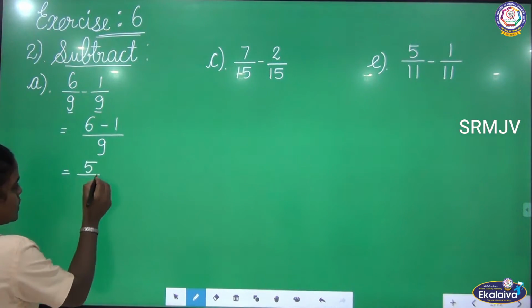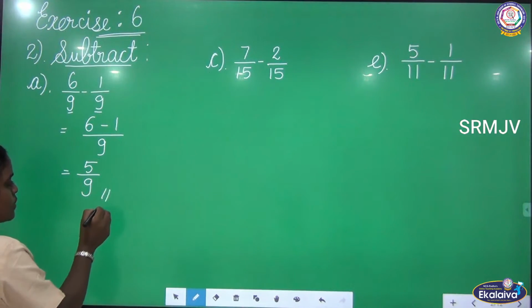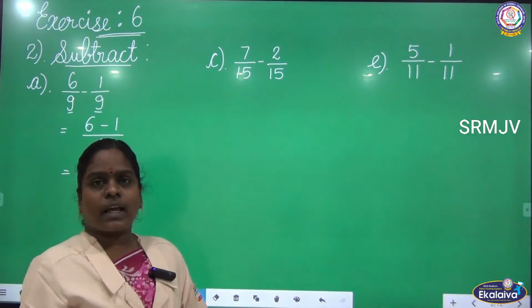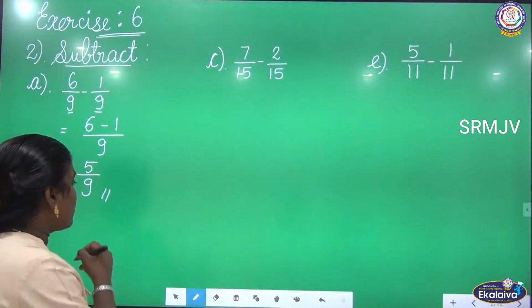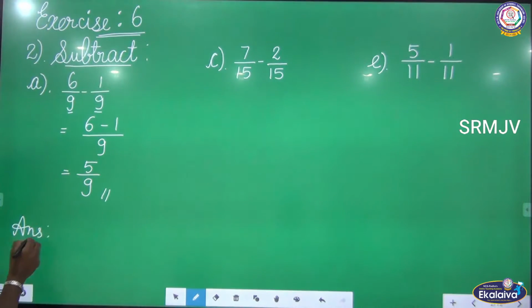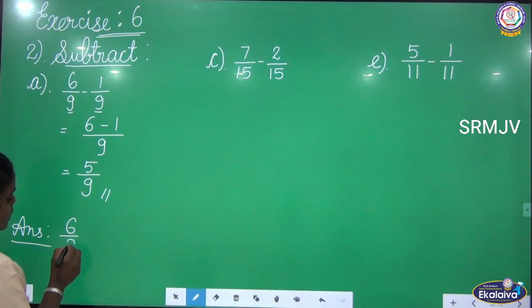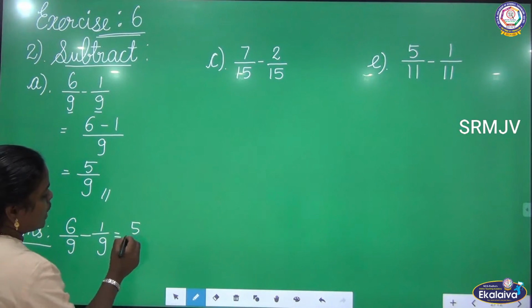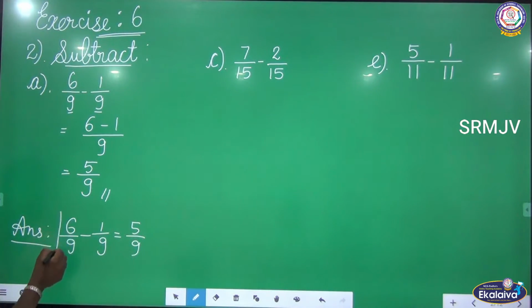So the answer is 5 by 9. So if you subtract the like fractions 6 by 9 and 1 by 9, you will get 5 by 9. So the answer: 6 by 9 minus 1 by 9 equals 5 by 9. This is the answer.